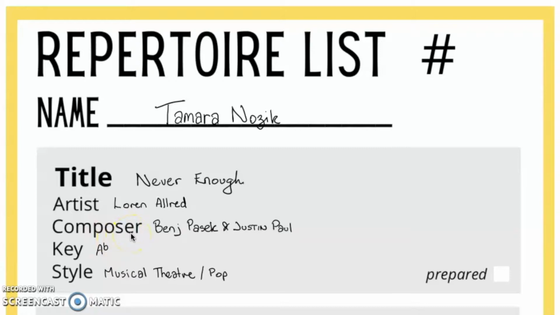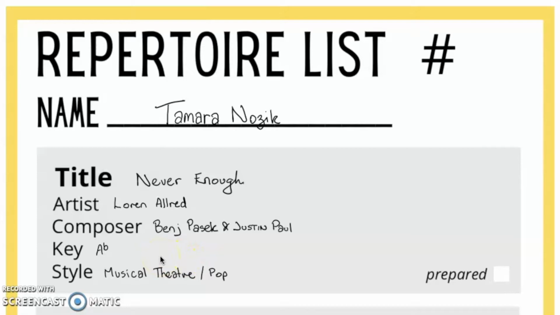If anything, they are more important. But sometimes you will also find that the artist is the composer, and then you will just write the same person twice. The artist for Never Enough, the version that I would be performing, is the Lauren Allred version. The composer for this song is Benj Pasek and Justin Paul.